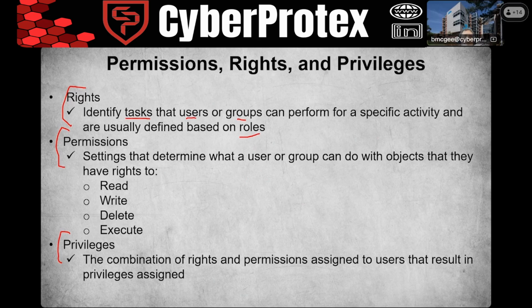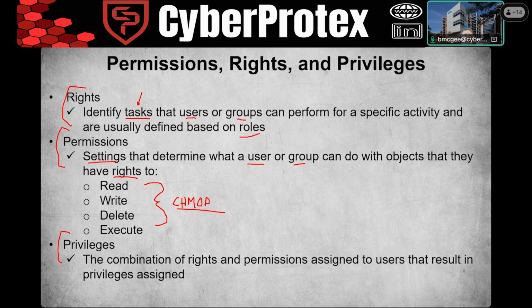Permissions are just settings that subjects or groups have based off of the tasks or rights that they have. And so this is the read, write, delete, and execute. Somebody said yesterday, change mod, chmod. So very similar to that.